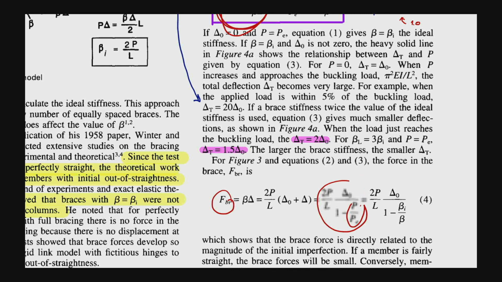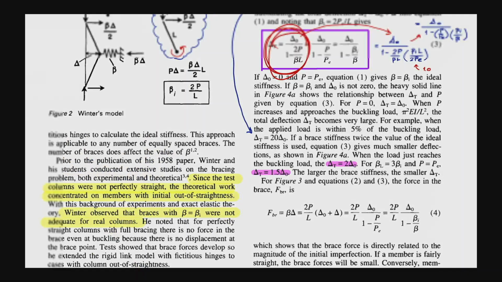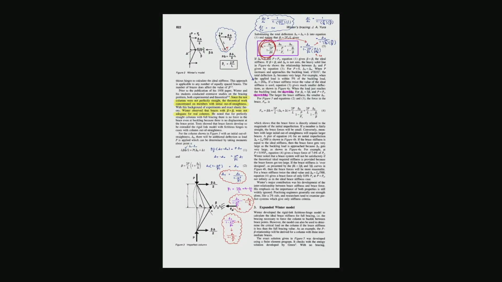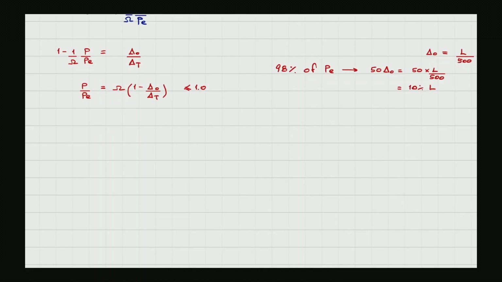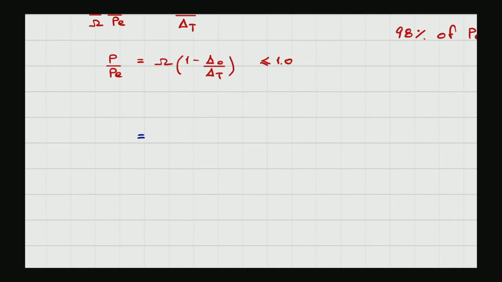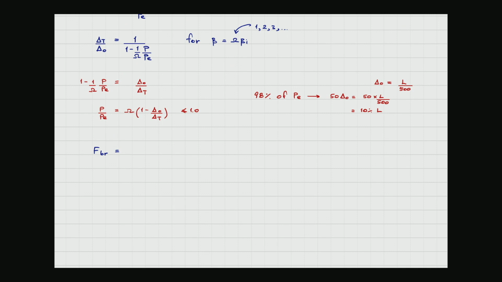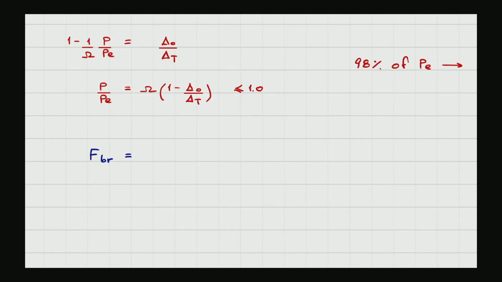So okay, let me just put this in the next page. So F_BR, the bracing force, F_BR is equal to beta multiplied by delta.